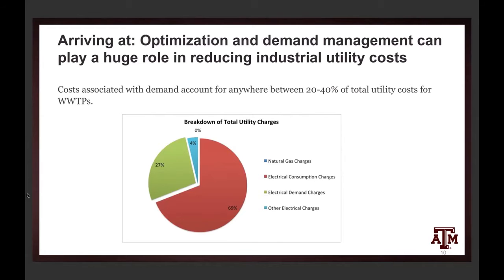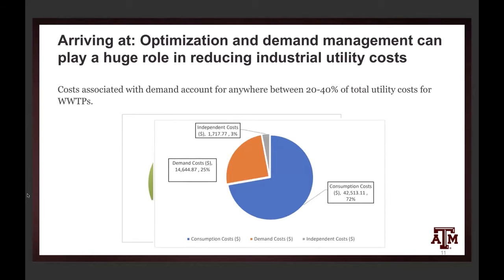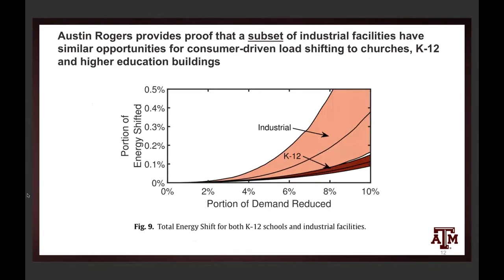Here we have a couple of different examples of the cost distribution between consumption, demand, and other independent costs. A past lab mate of ours here at the university figured out that even though industrial facilities are not necessarily the best to seek opportunities for consumer-driven load shifting operations, there is a subset of industrial facilities that would work well for load shifting operations.